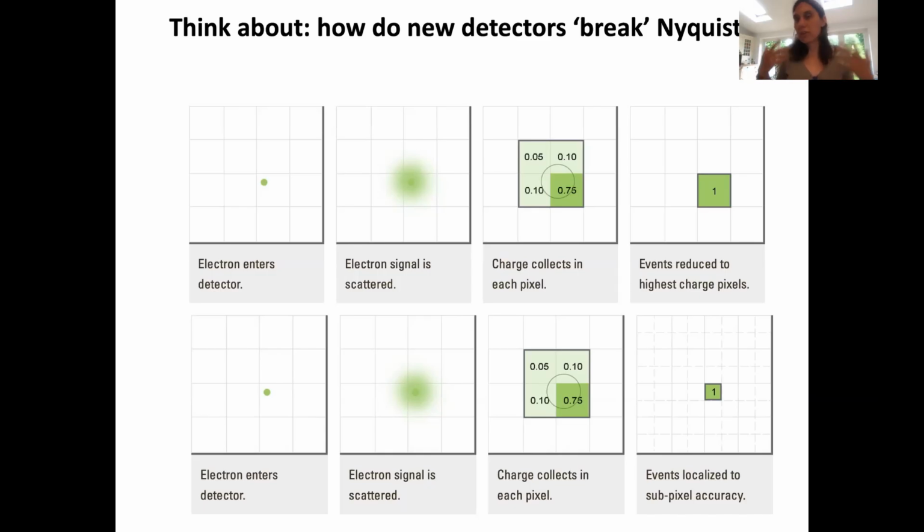One of the advertisement points of these is that they can break the Nyquist frequency, that they can go to higher resolution than the pixel size. Now, you can use these pictures here to understand how that actually works, and whether you're actually breaking Nyquist or simply changing the pixel size.